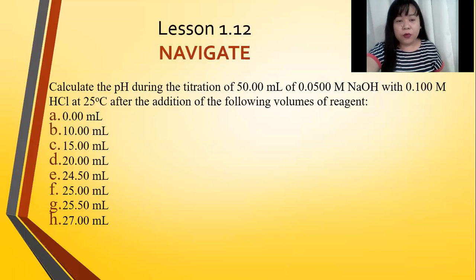Now, if you subtract the number of moles of HCl that has consumed the NaOH from the number of moles of NaOH, and you get 0, then that means it's already at the equivalence point.